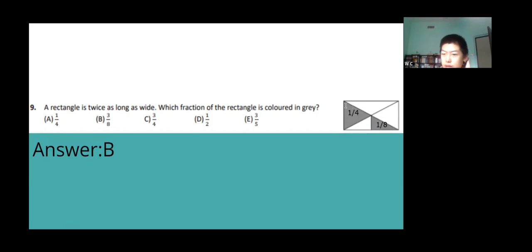We know this because each one of these triangles is 1/2. Which means that each one of these triangles is 1/4, which is half of a half. And the smaller triangles are 1/8.